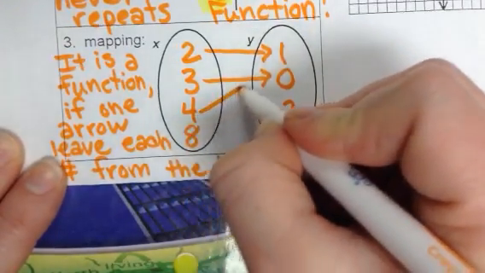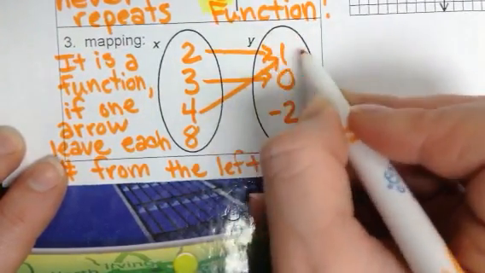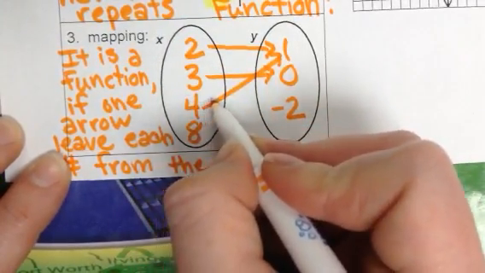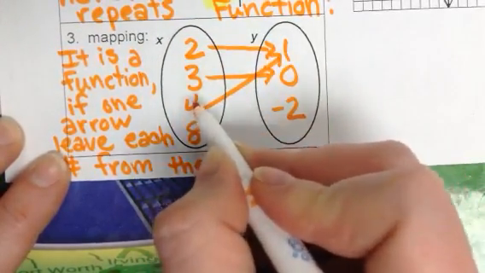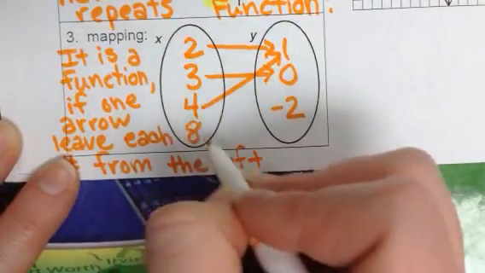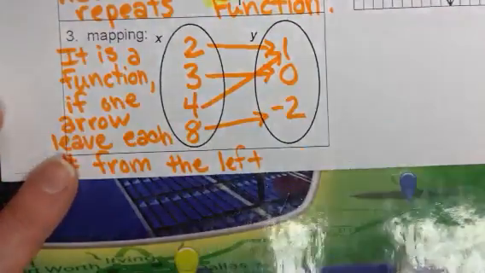So this 4 goes to that 1. It's okay on this side to have two arrows going to it. The important part is that it is a function if one arrow is only leaving each of these from the x side. This 8 only has this one output of a -2.